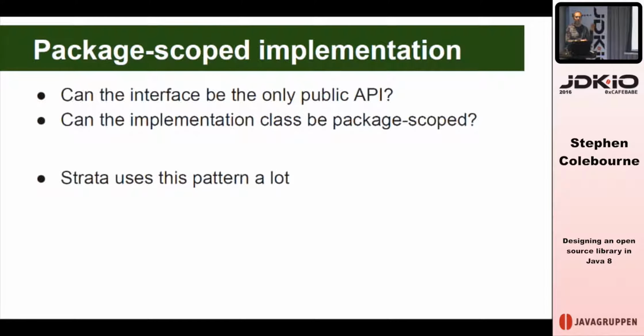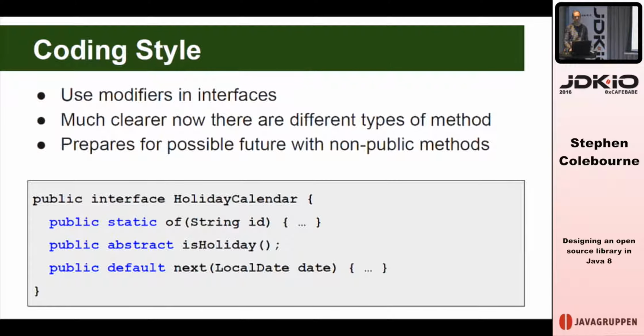You can package scope the implementation and have the factory method that creates the implementation on the interface and all the rest of the public API on the interface, and you've reduced the size of your API. And that's a really good trick, a really good tool. And that's where I say methods on interfaces can quite radically change how you think about your design and how users access it.